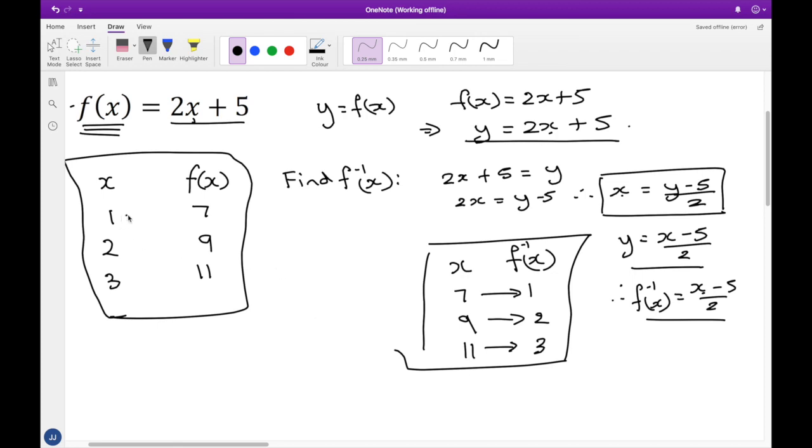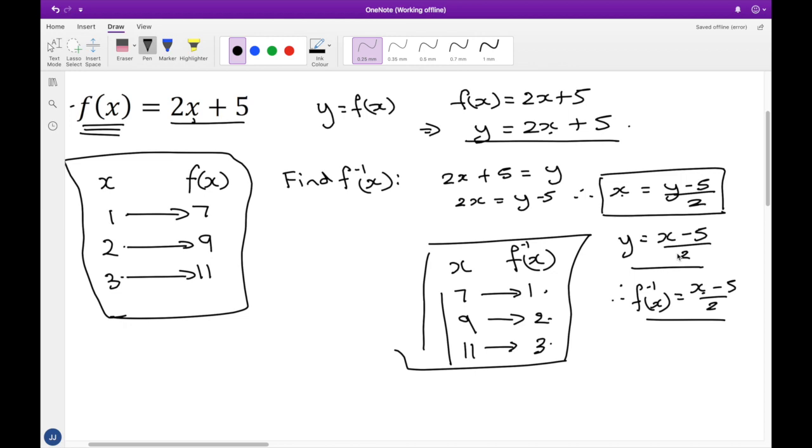These numbers that are in my domain map onto these numbers in the range, and if I was to take these same numbers and put them in this domain, it would give me the same numbers in the range on this side here. So this is how we talk about the inverse of a function.